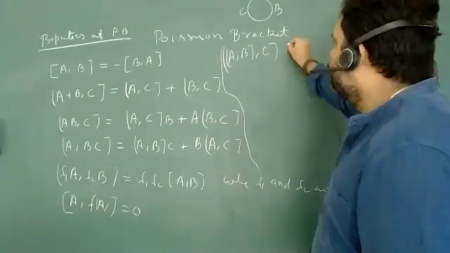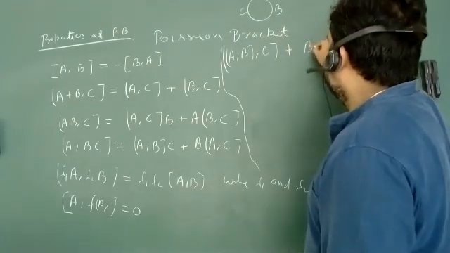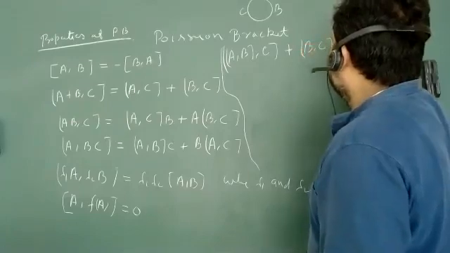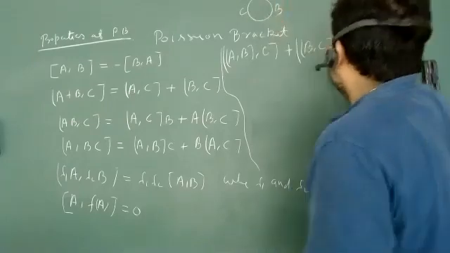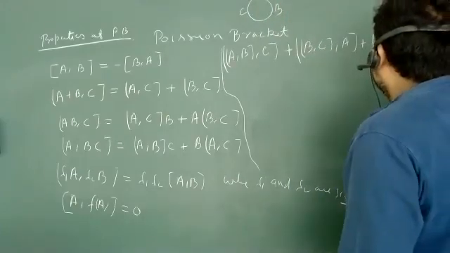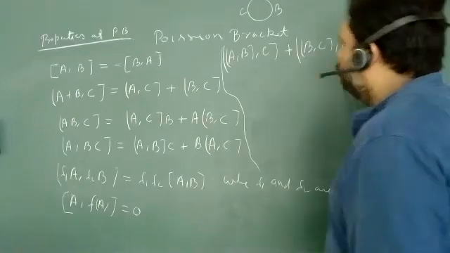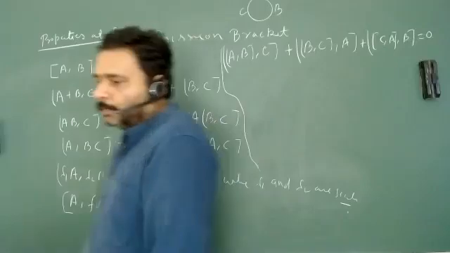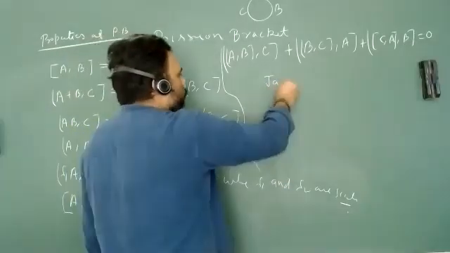What will be the next term? The next term will be {B, {C, A}}. What will be the next term? {C, {A, B}}. And that must be equal to 0. This is identified as the Jacobi identity.